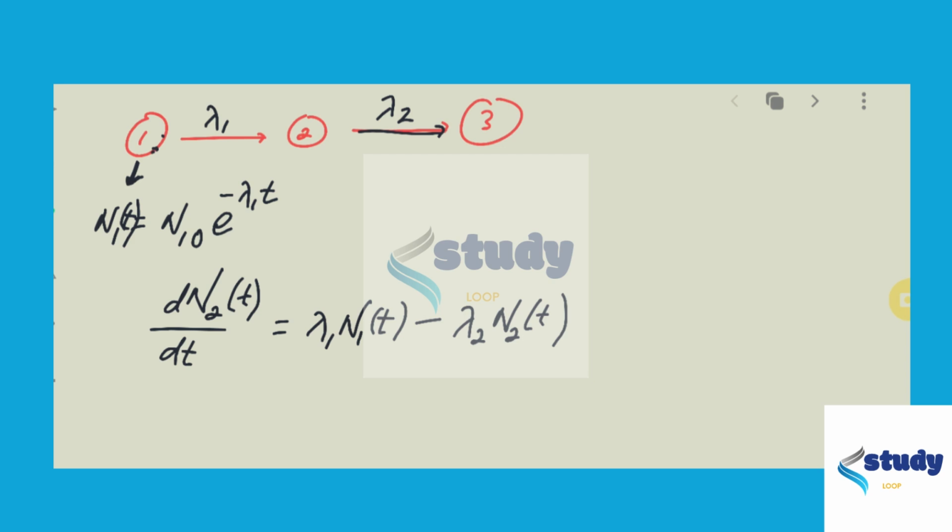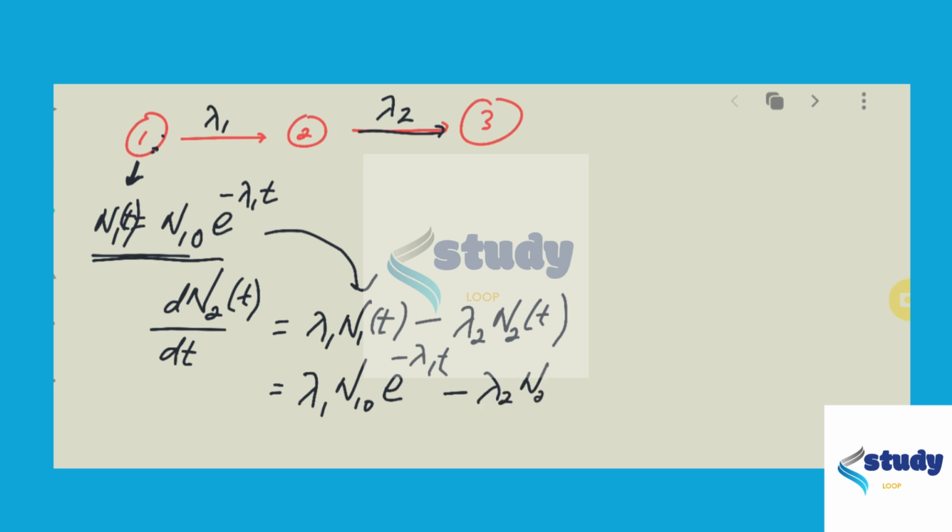So substituting this equation into here, we get lambda 1 N1 naught e to the negative lambda 1 t.